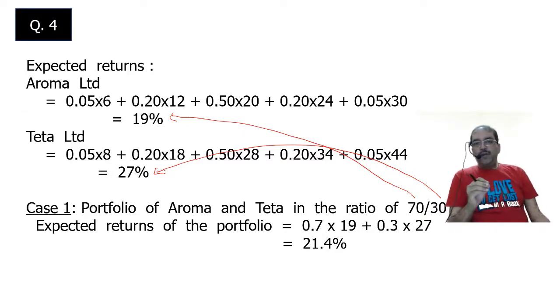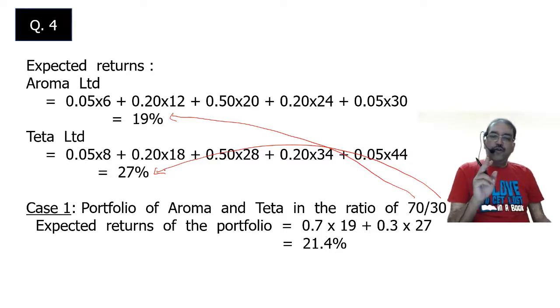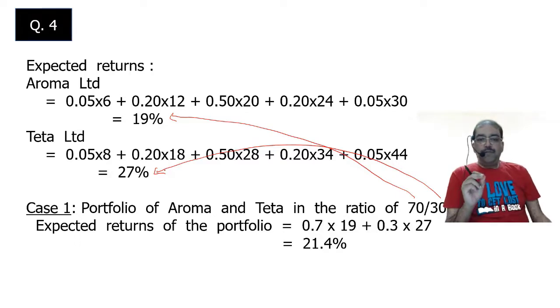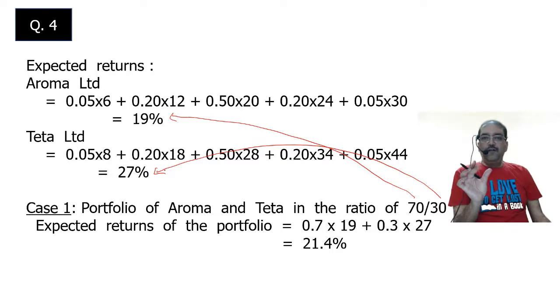Now see, nothing is given in the problem regarding the correlation coefficient. So I will assume that the correlation coefficient is 1, perfect positive correlation. It simplifies my problem, because if the correlation coefficient is equal to +1, then my entire lengthy formula is reduced to those small formulas that we derived in the last lecture.